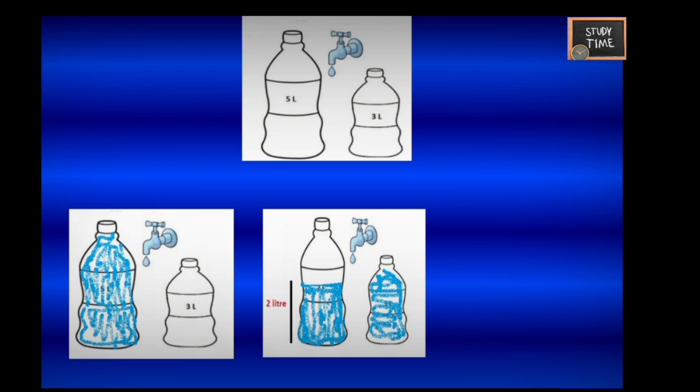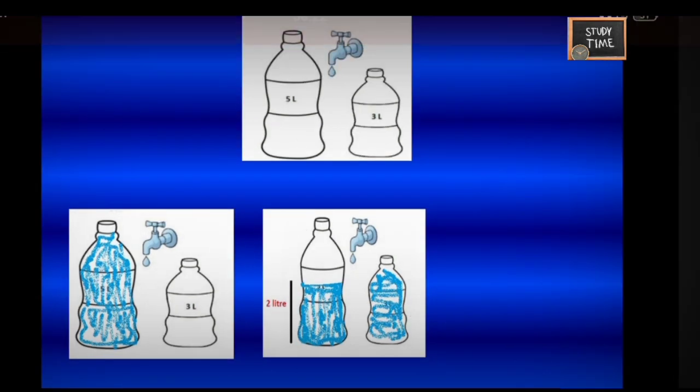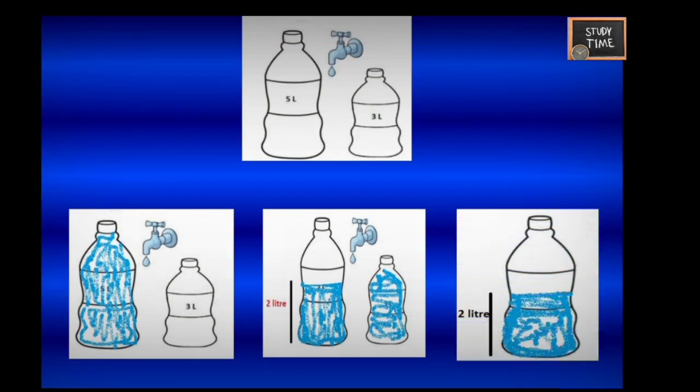So here you will get 2 liters left in the 5 liter bottle and 3 liters in the other. Then he poured this 2 liters into a separate bottle. So the amount in that bottle is 2 liters.